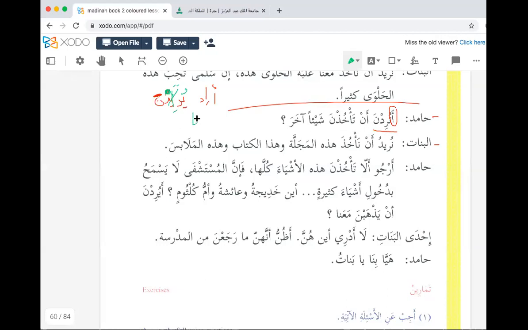And then the same for ta'khudna. Akhadha ya'khudhu. Add the noon niswa here. What will happen is that this dal will have a sukoon on it.